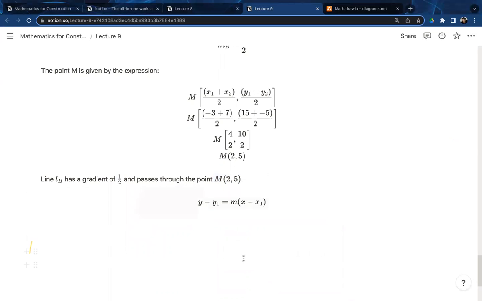Okay, so we can use this to find the equation of LB.